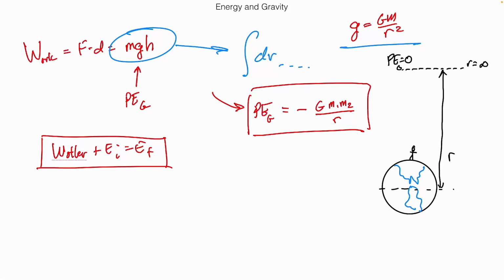So if 0 is up there, infinitely far away, that means no matter where I am, whether I'm at the surface of the Earth or higher on Everest or the International Space Station or anything like that, what sign is my energy going to have? It's going to be negative, right? Whenever we're below 0, we have negative energy.